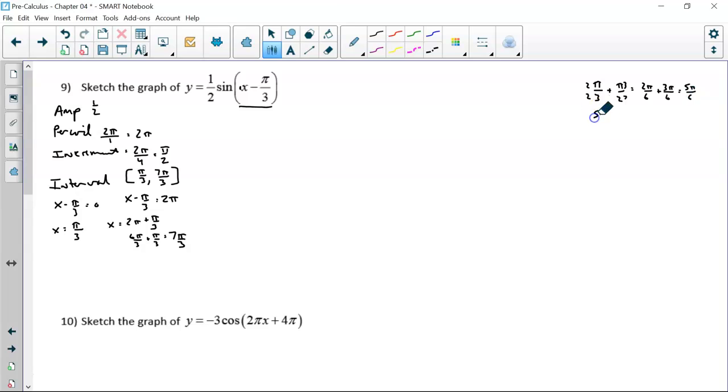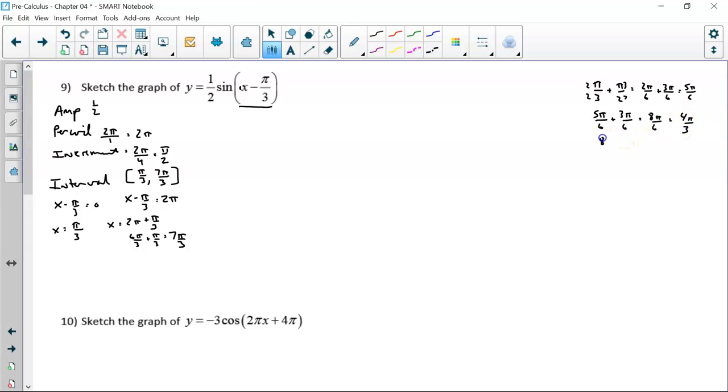Then we're going to do 5 pi over 6, and then we're going to be adding, once again, that pi over 2. And now pi over 2 is just 3 pi over 6. We're just going to be adding 3 pi over 6. So that's going to be 8 pi over 6, which we can reduce to 4 pi over 3.